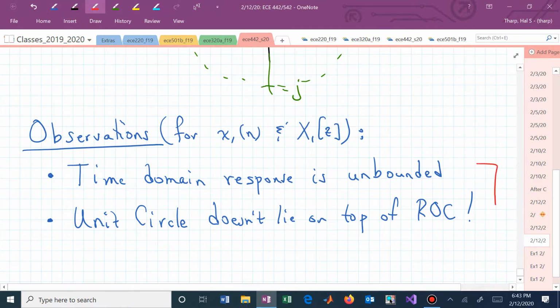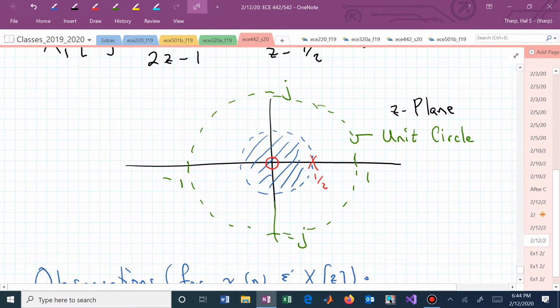And in fact, those two comments are the connection we want to make. If the unit circle is contained within our region of convergence, do you see that you could have had, let's say, that pole at 2 instead of at 1/2. Then what would our region of convergence look like?